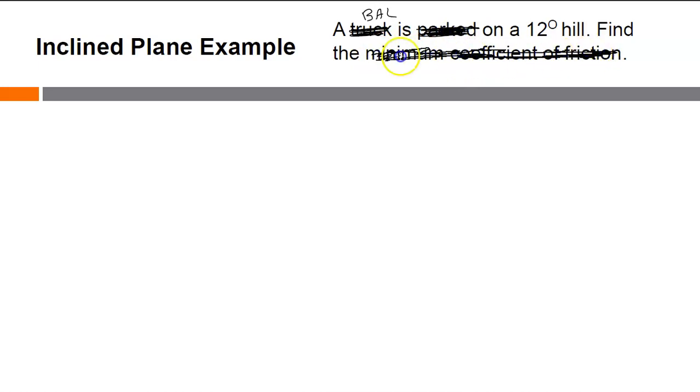We haven't talked about friction. Find the acceleration. We could do that. Remember how we said that balls like to roll downhill? I guess I could spell the word ball right. So there we have it. A ball is on a 12-degree hill.